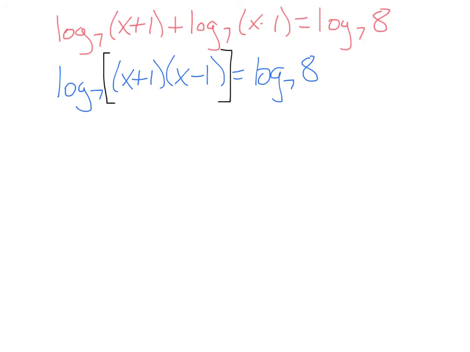Okay, and so now we're going to use this idea of the principle of logarithmic equality, and it's kind of in the reverse of the way we've been using it. Since the log base 7s are the same here, same base, and there's nothing else going on in the equation except for one big logarithm and another logarithm, we can set the insides equal to each other.